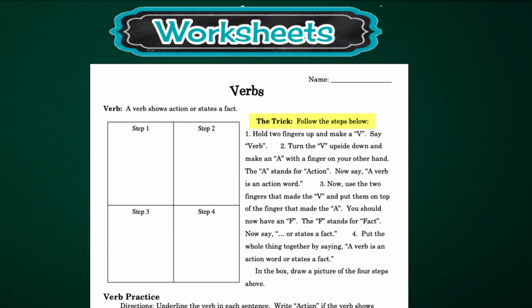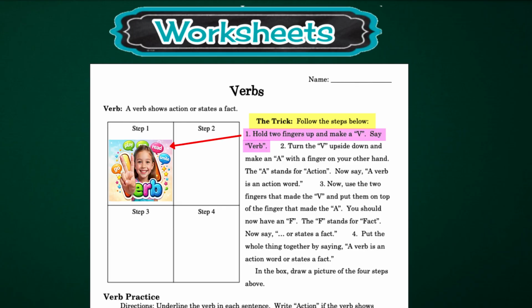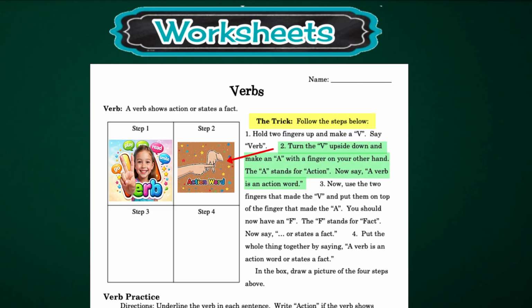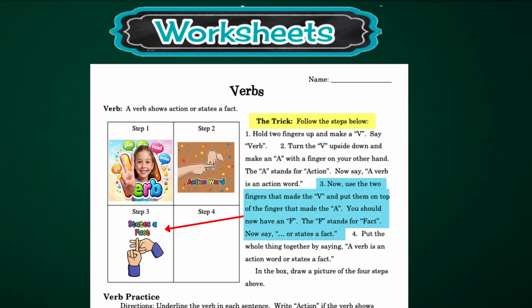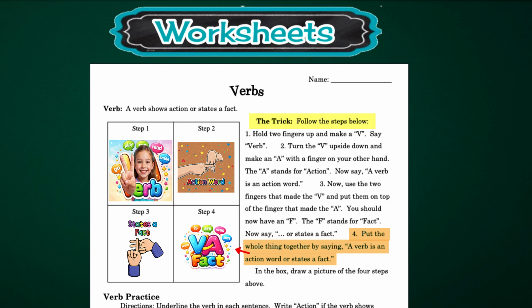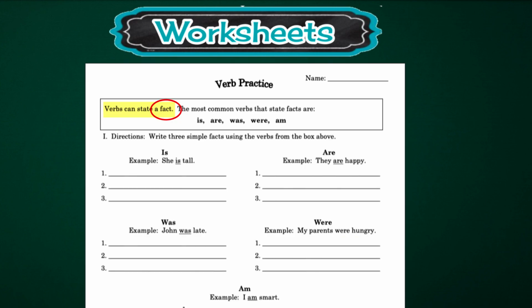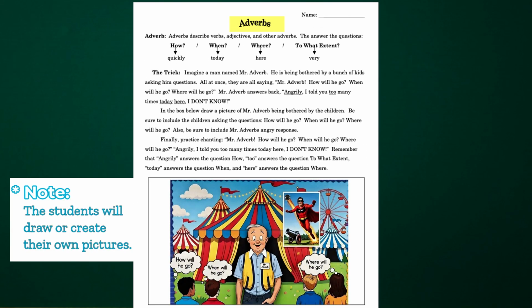So looking at a few tricks that they learn, here's the verbs trick. It's excellent for helping the students remember that verbs are more than just action words, that they also state a fact. You can see that here on the next worksheet as they practice the to be verbs. Then here's a fun trick for adverbs where kids are shouting questions at a carnival worker about the exciting event that's about to happen.